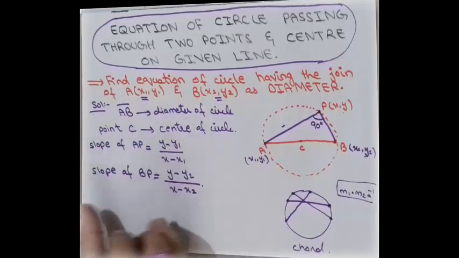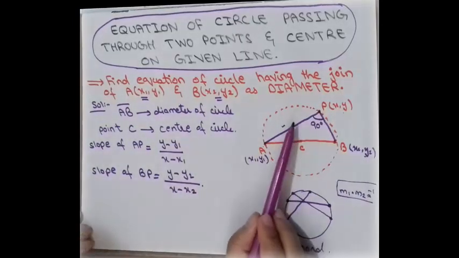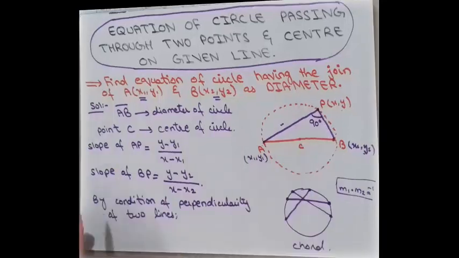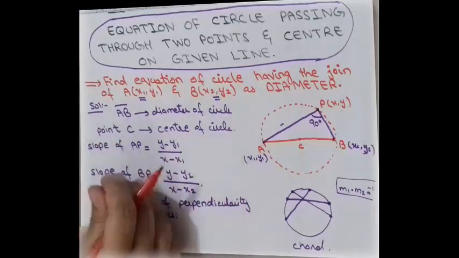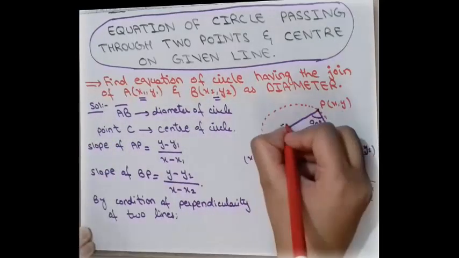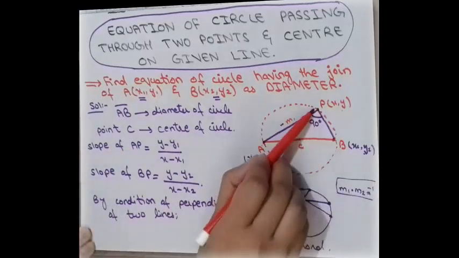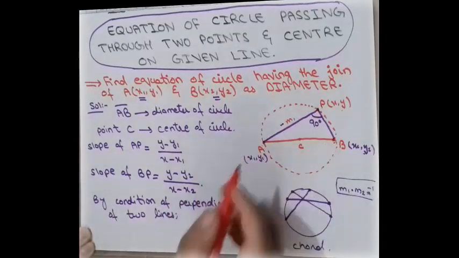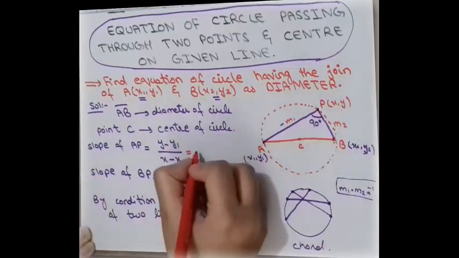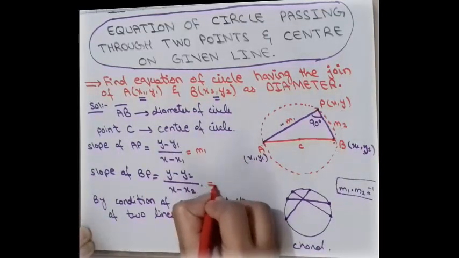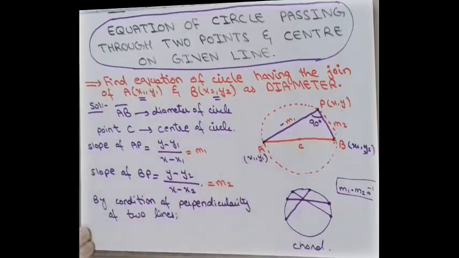These 2 lines are perpendicular to each other, so by the condition of perpendicularity, if the slope of AP is m1 and the slope of BP is m2, then multiplying these 2 slopes equals -1.